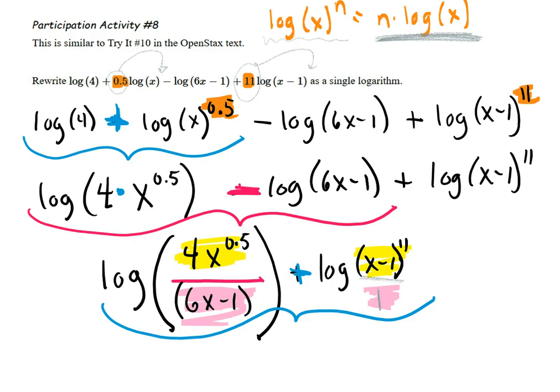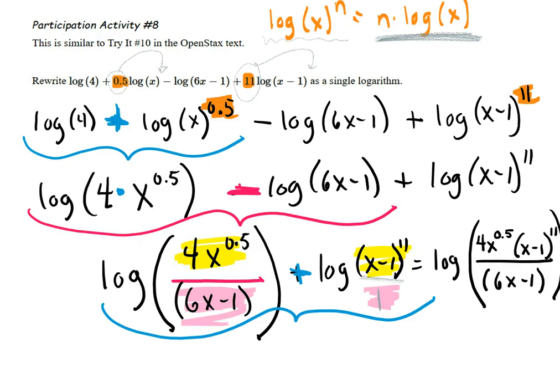Am I? No. Yeah, maybe. Give it a shot. I'm going to have a log, parenthesis, and then in my numerator I'll have 4x to the 0.5 times x minus 1 to the 11th over 6x minus 1, and all that's in parentheses. I don't really think I need the parentheses around the 6x minus 1 because that's the only thing down there.